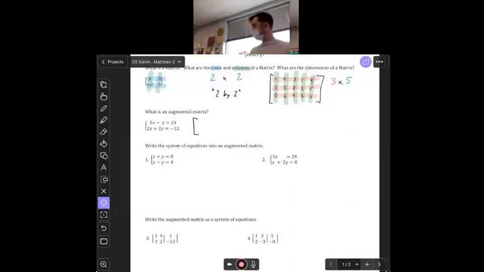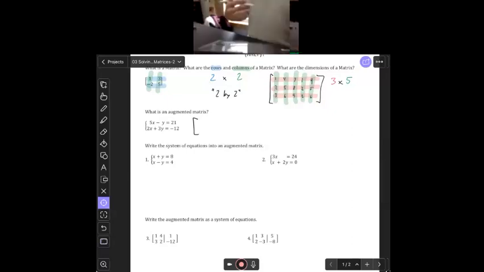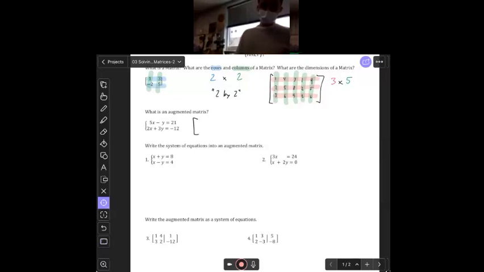It's only the coefficients. So only the coefficients, the 5, and then the -1, and then that vertical line is going to go there, and then the 21.